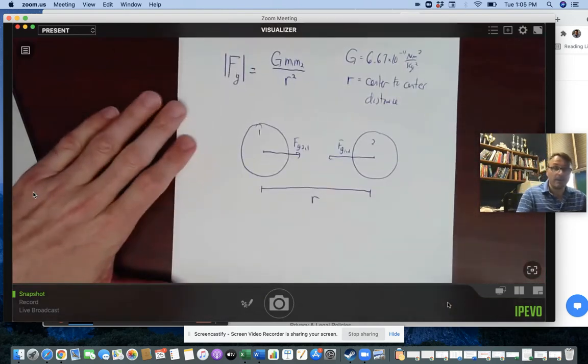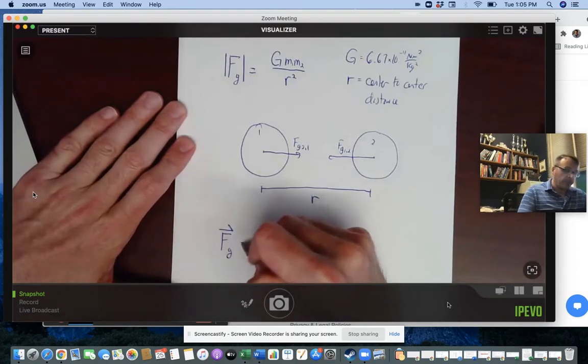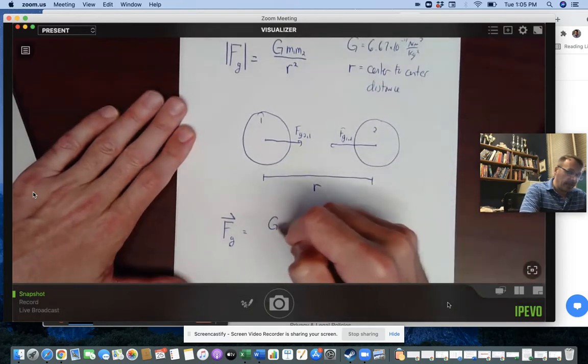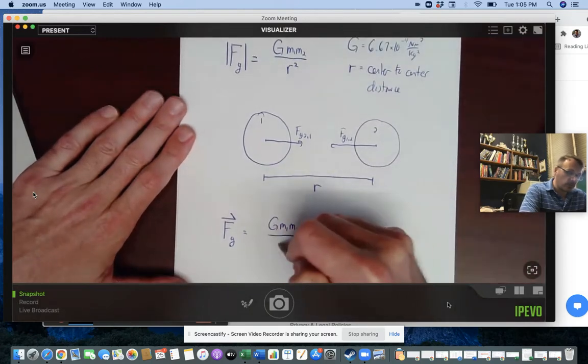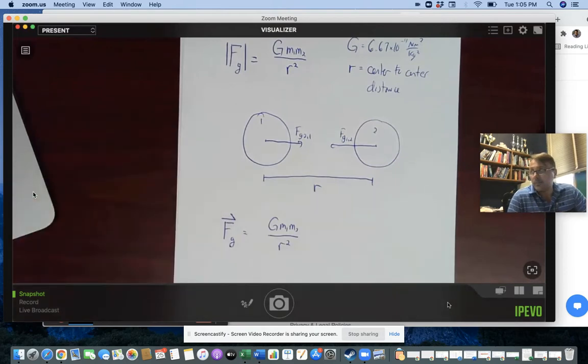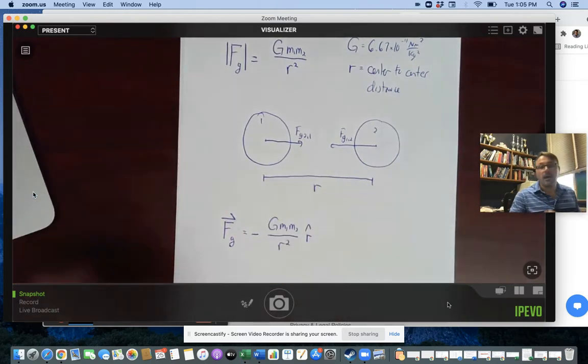Let's make this slightly better this year. First off, I'm going to put this into vector form. So the vector form of this would be, well, that big G m1 m2 over r squared is going to come along here. But what I need to suggest here is that this force is always attractive. The way that we do this is by putting a negative r hat on this.